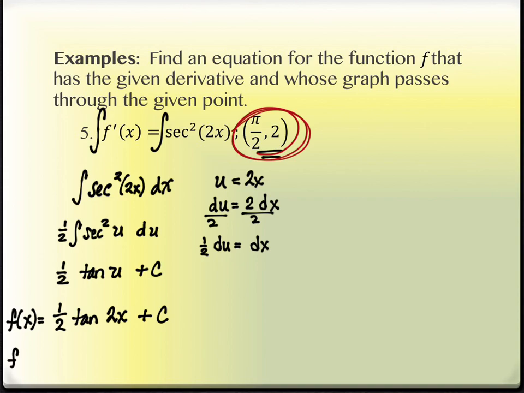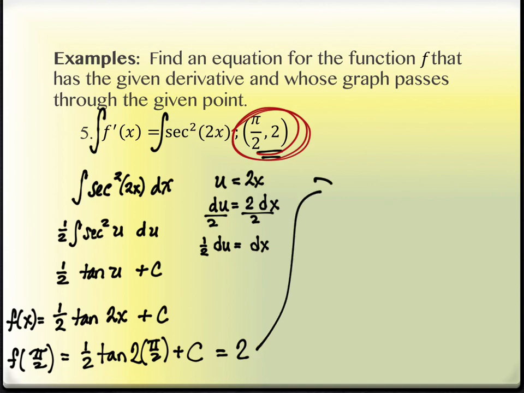So here, the x value is pi over 2. And all of this, when I put the pi over 2 in, is going to equal the y value of 2. So 1/2 tangent of 2 times pi over 2, the 2's would cancel. So I now have 1/2 tangent of pi plus c is equal to 2.